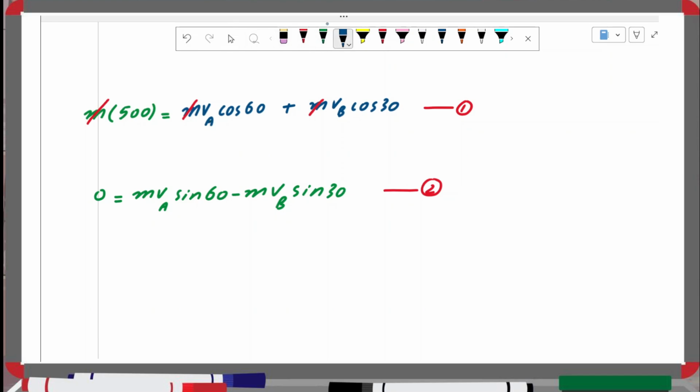So the simplified form of the first equation would be 500 equals this one.